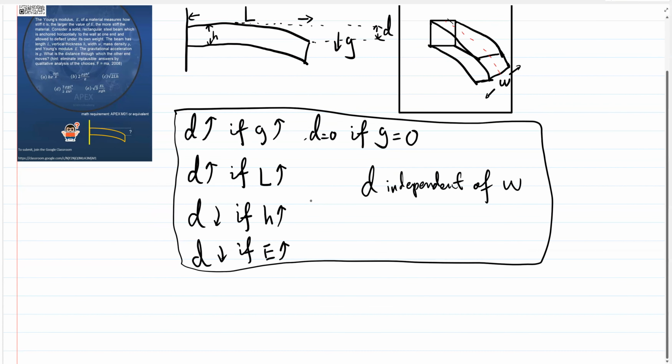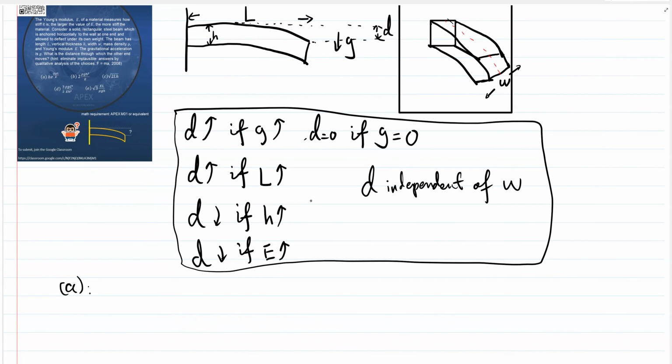First of all, let's look at A. In the case of A, it's independent of W, right? It's independent of W. That checks out.